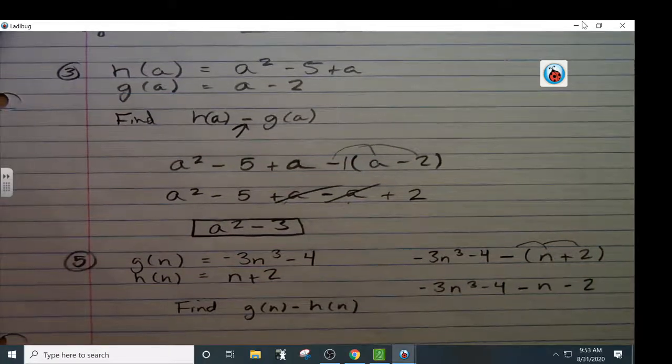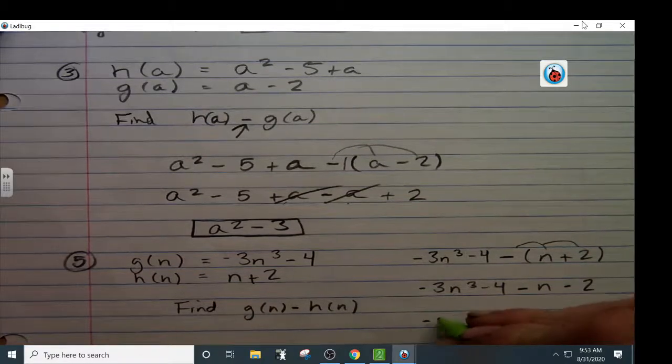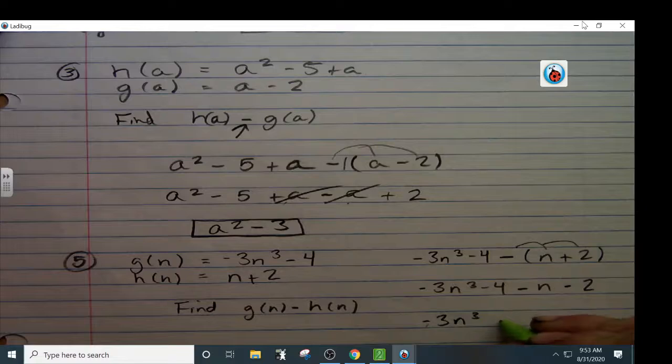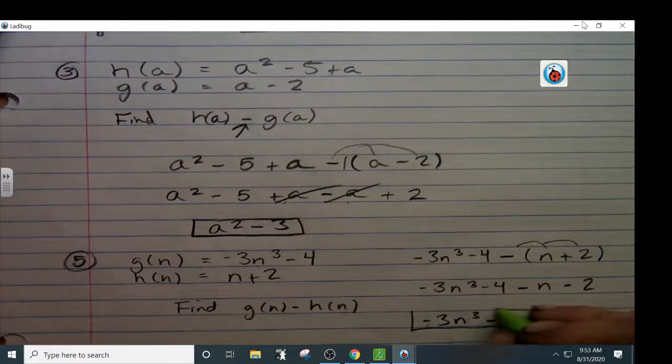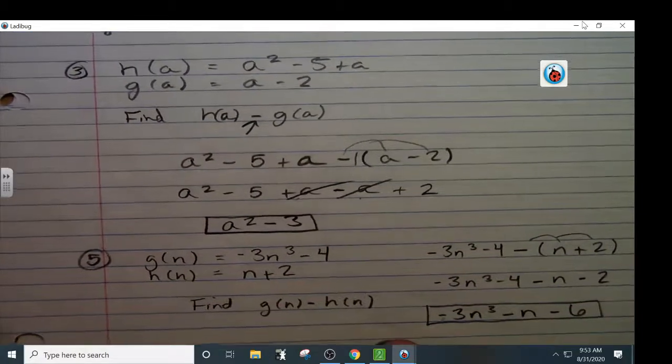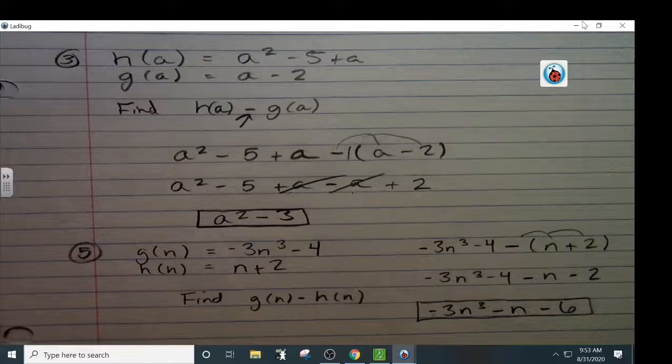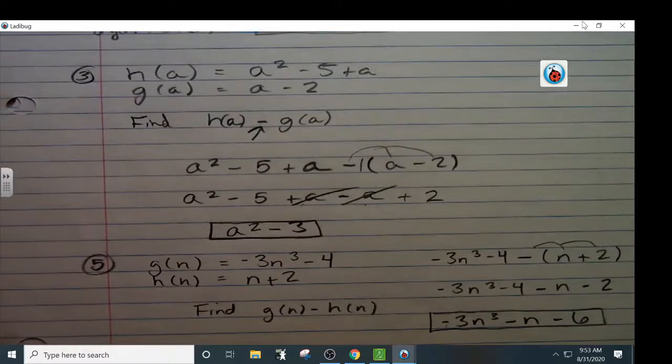So guys, all you need to do here is combine your like terms. That's your answer. It's not too bad, right?